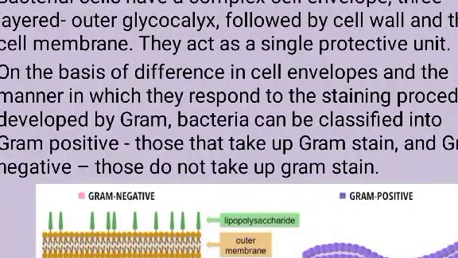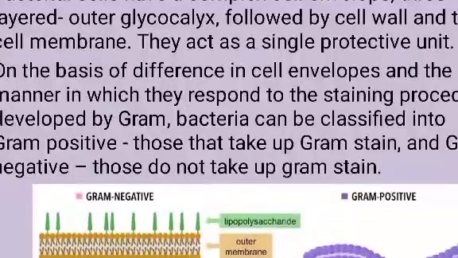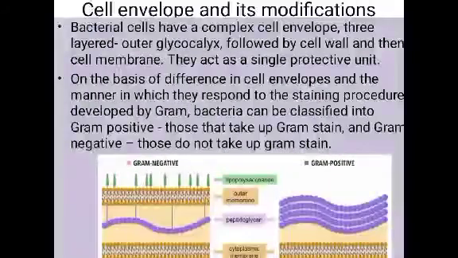Okay. Now, if you see the Gram positive bacteria, they will take up the Gram stain. So, what is a Gram positive? Gram positive means they take up the Gram stain, and Gram negative means they do not take up the Gram stain. Okay. So, Gram positive means they take up the Gram stain means what? When you add the stain, they will take up the stain and they become colorful.